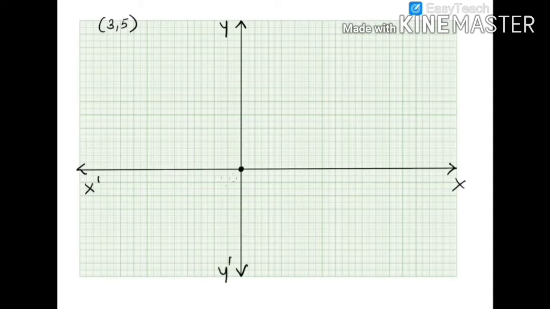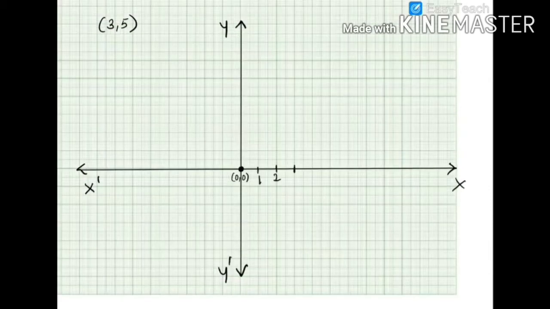This point is the origin, which is marked as 0, 0. OX is the positive x-axis, so it will have positive numbers. OY is the positive y-axis, so we will show positive numbers. OX dash is negative x-axis, so we will place negative numbers at equal distance. OY dash is the negative y-axis, so it will have negative numbers.